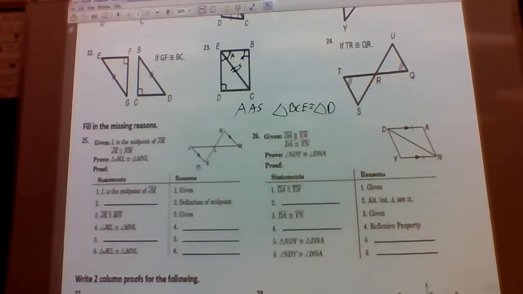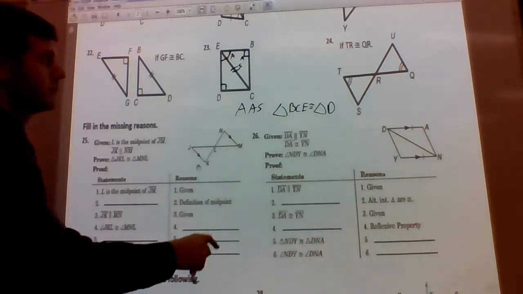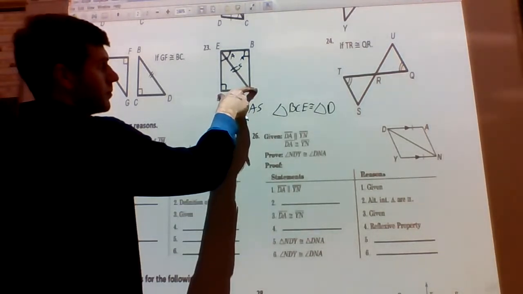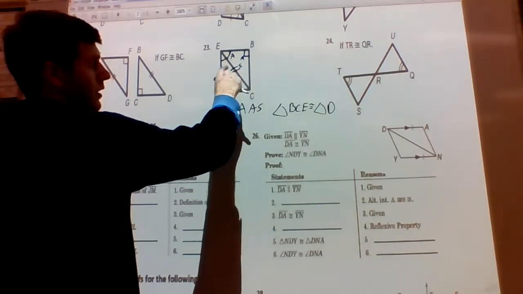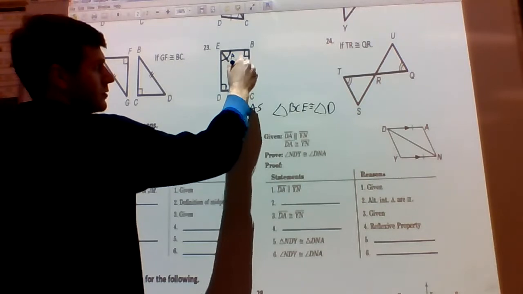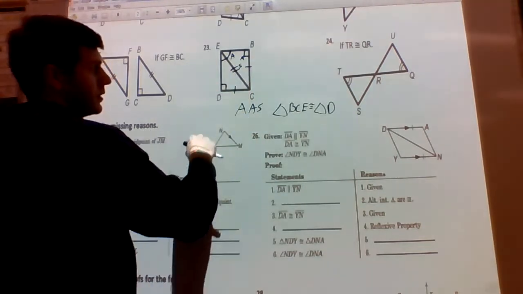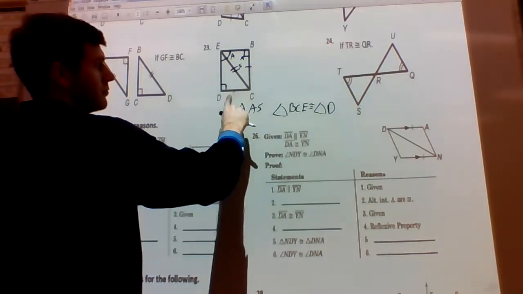I think this drawing is a little funky. If we went from B to C, we're going away from the other angle. So that means these two sides are going to have to be corresponding, right?